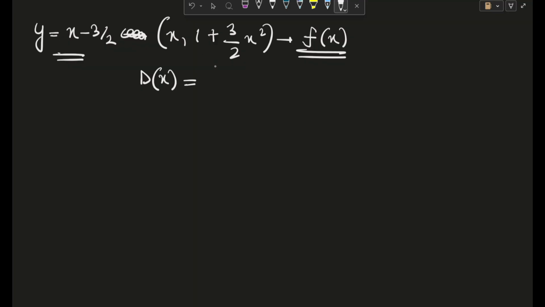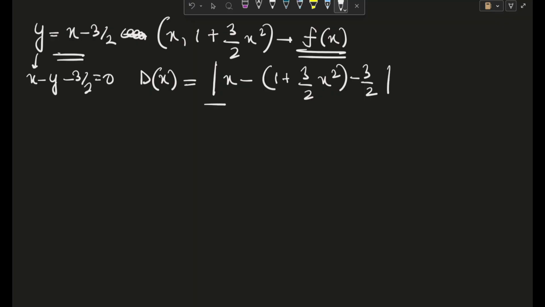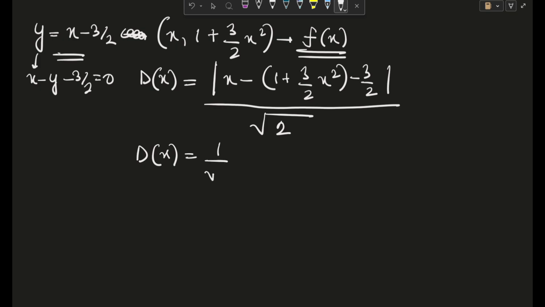Rearranging, the line is x minus y minus 3 by 2 equals 0. Putting into the formula directly, we get the mod of x minus of 1 plus 3 by 2 x squared, minus 3 by 2, whole divided by root under 1 squared plus minus 1 squared, so root 2. So d of x comes out to be 1 by root 2 times mod of minus 3 by 2 x squared plus x minus 5 by 2.